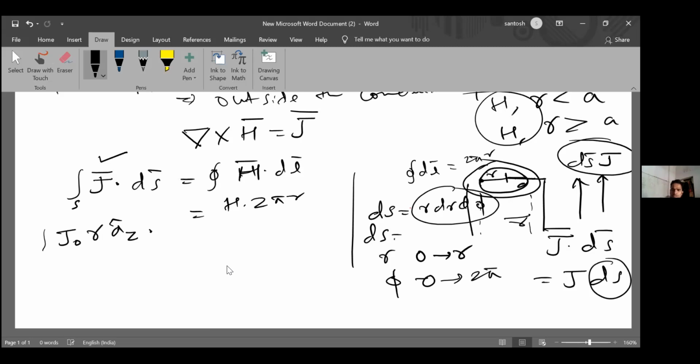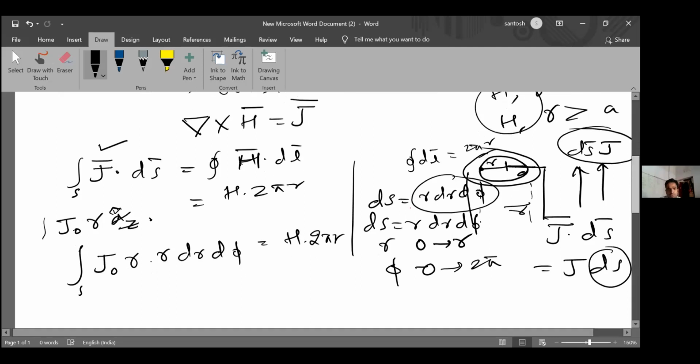Because they are in the same direction, there is no need of vector. So this will be the surface integral of j naught, which is constant, into r dr d phi, equal to h into 2 pi r.